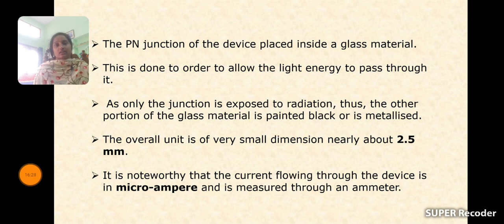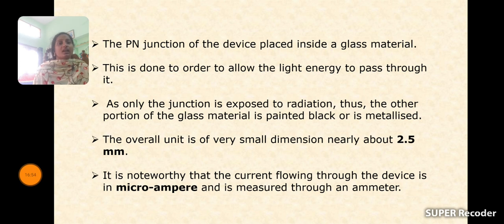Is it clear? The PN junction of the device is placed inside the glass material. Because of this, it will allow the light energy to pass through it. As only the junction is exposed to the radiation, the other portion of the glass material is painted black or metallized.